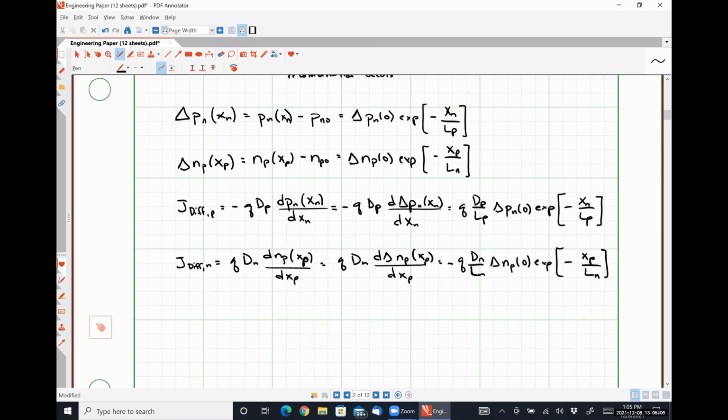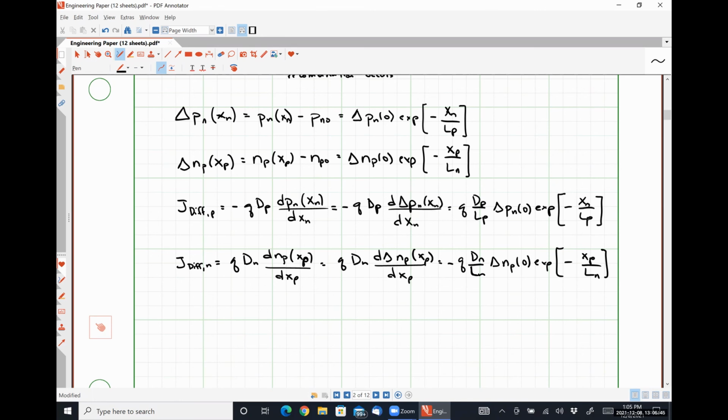Okay. I know this is a bunch of mathematical gobbledygook, so let me try to explain what's happening in words and make it make sense. Obviously, the diffusion current density for holes on the N side of the crystal depends on the hole concentration on the N side of the crystal. This is exactly what we have here, except we're using this particular relationship because we don't care about the background level of holes we have on that side. We're only interested in the excess carriers.